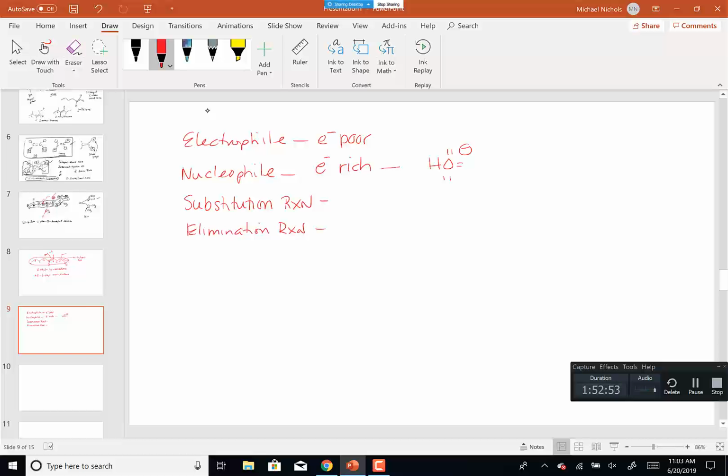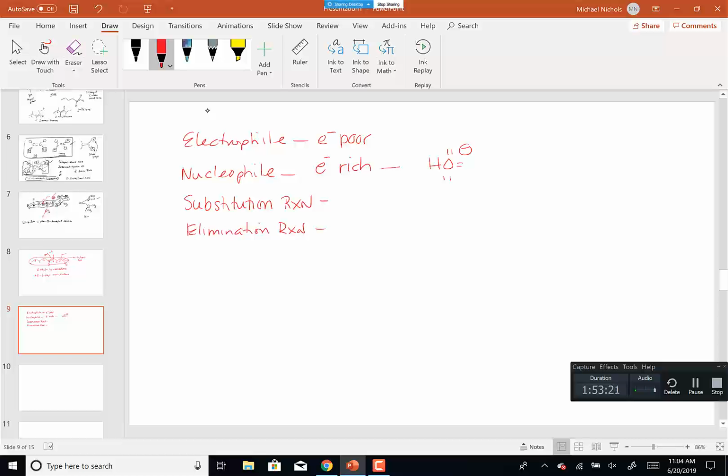Zero. So in chemistry, when you have a negative charge, what do you want to do with that negative charge? You want to get rid of it. You want to share it with a species. What kind of species? A positive one that's electron poor.